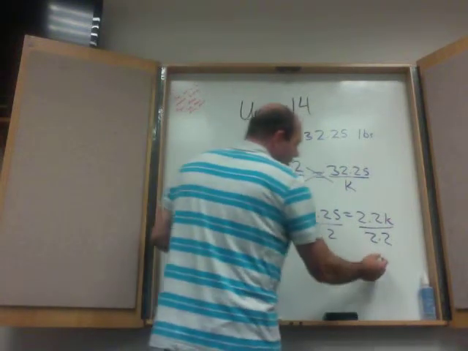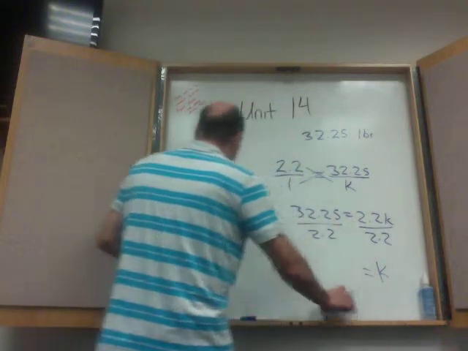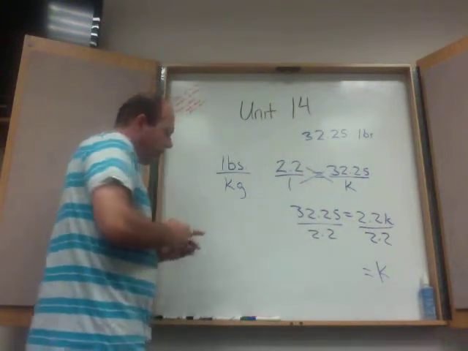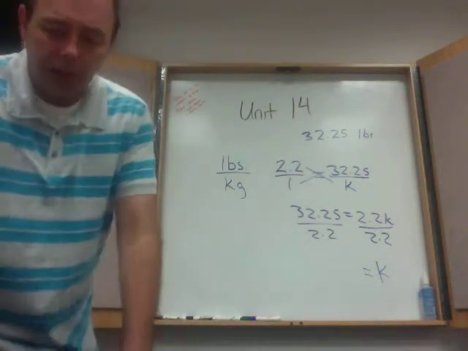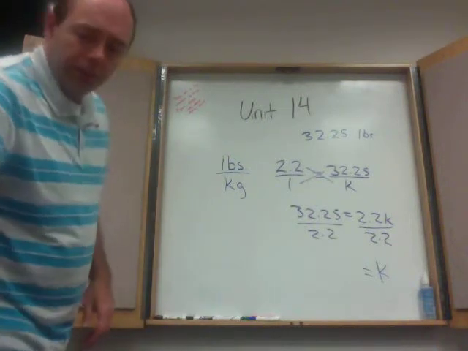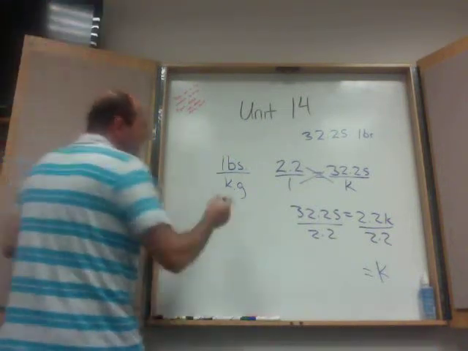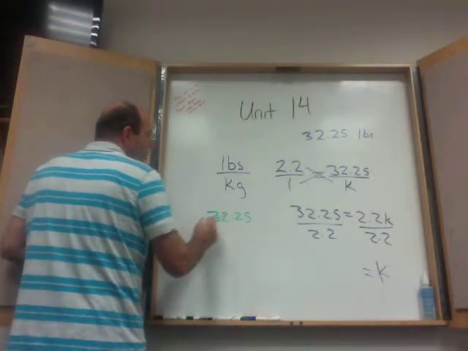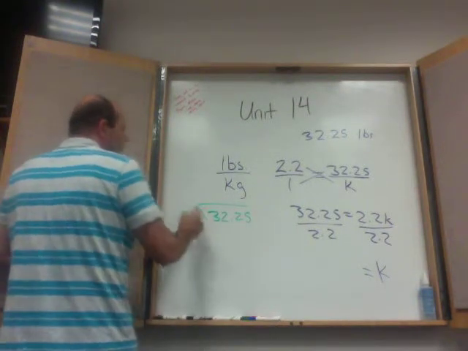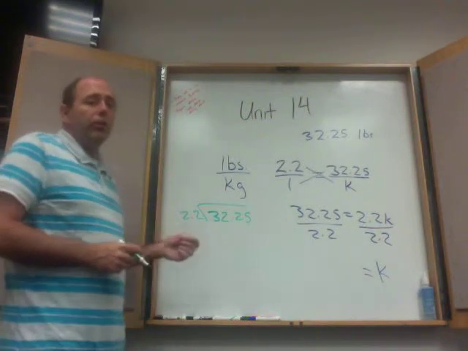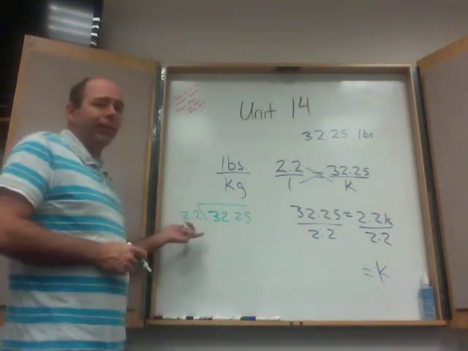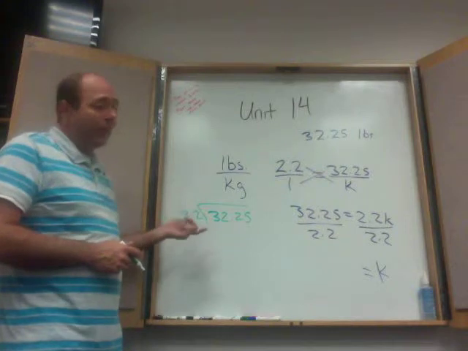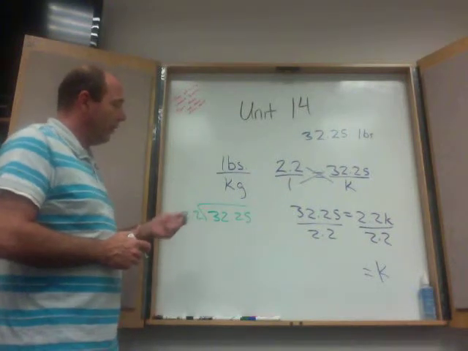This will get kilograms by itself. Let's find a little bit of clear spot to work in. How about if we switch to green here, and I say 32 1/4 divided by 2 2/10. Remember, you can do this with or without a calculator. You can't use a calculator on tests, so it's good to know how to do this.